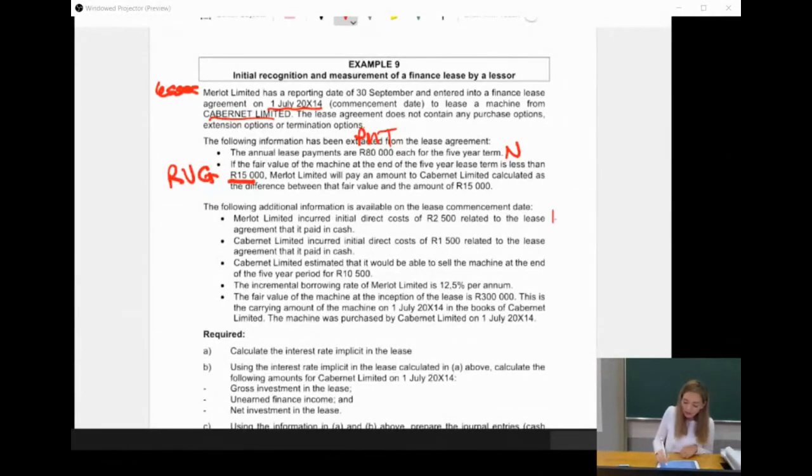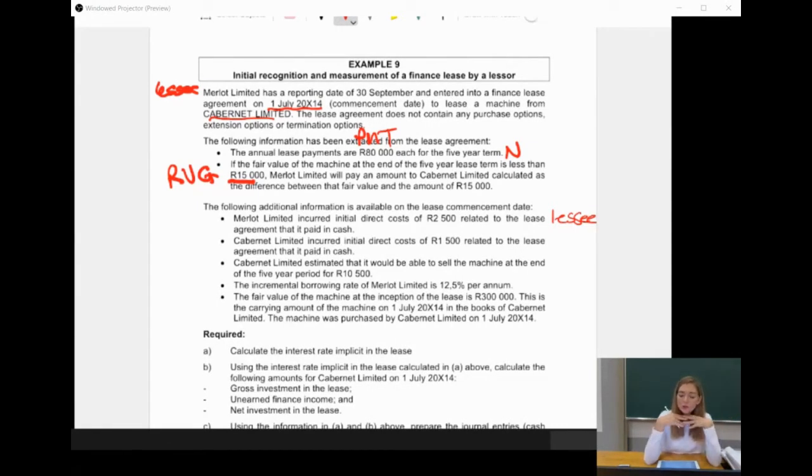Will the lessee's initial direct costs affect the lessor? What do you think? When we did the lessee, we would have wanted to know what the lessor's initial direct costs were so that we could calculate the interest rate implicit in the lease.